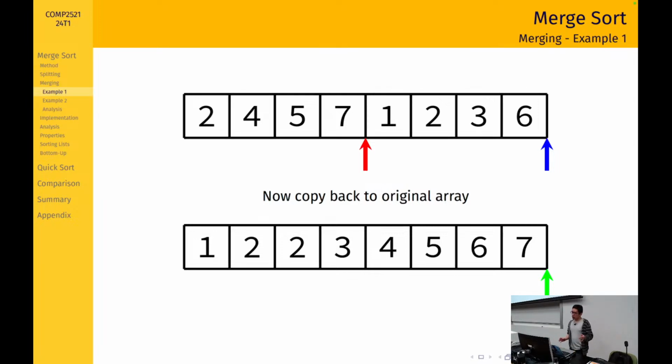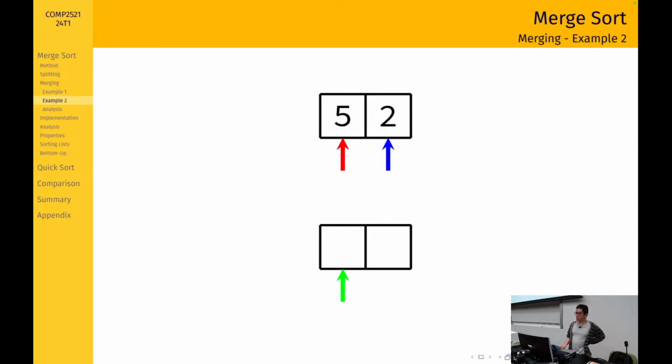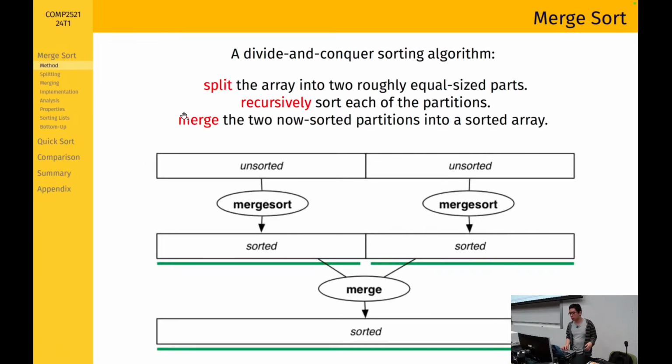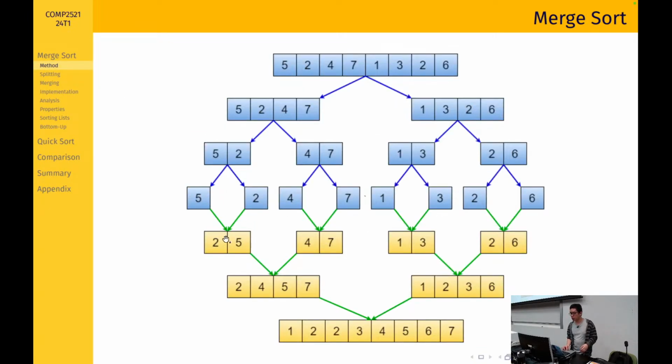Okay, so there's the first example. Now here is another example, just to show you that the merging process also works if you have small arrays. This sort of happens at the lowest levels of merge sort, right over here.